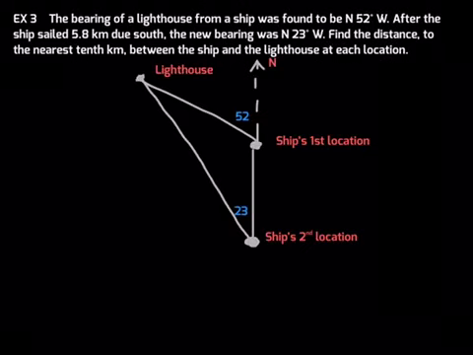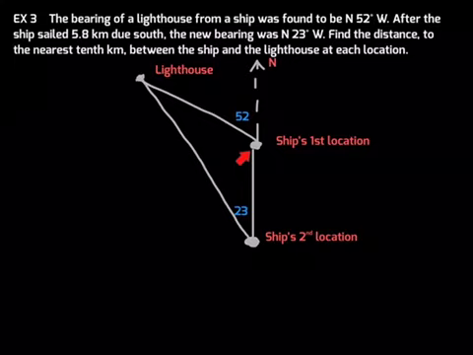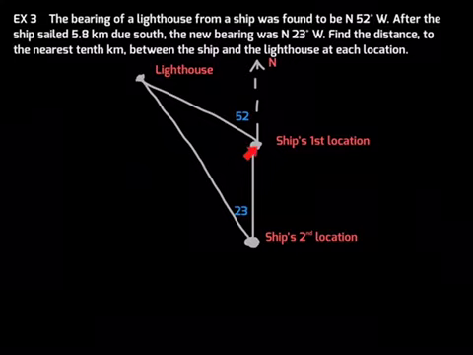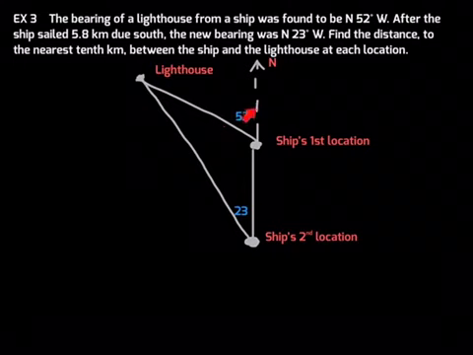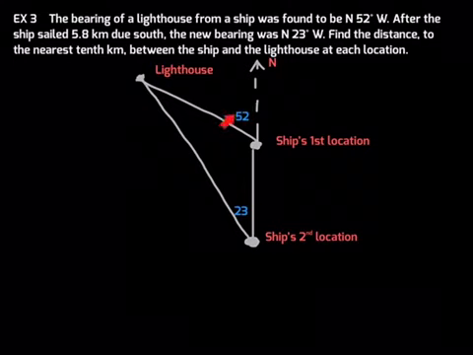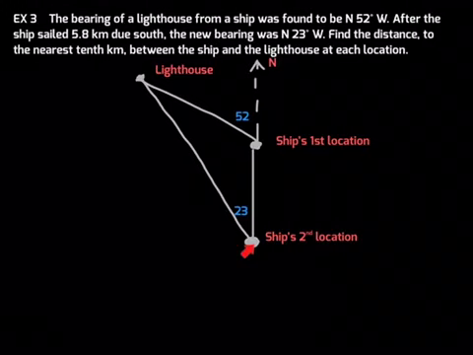Okay, you guys, this is what I've drawn. Here's the lighthouse. The bearing of the lighthouse from the ship's first location is 52 degrees due northwest. Then the ship traveled 5.8 kilometers due south.